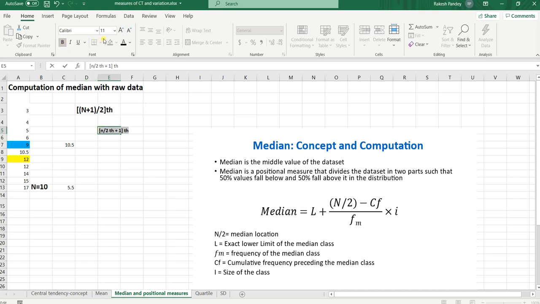So we will have to compute two values. One value will be, I am copying it from here.